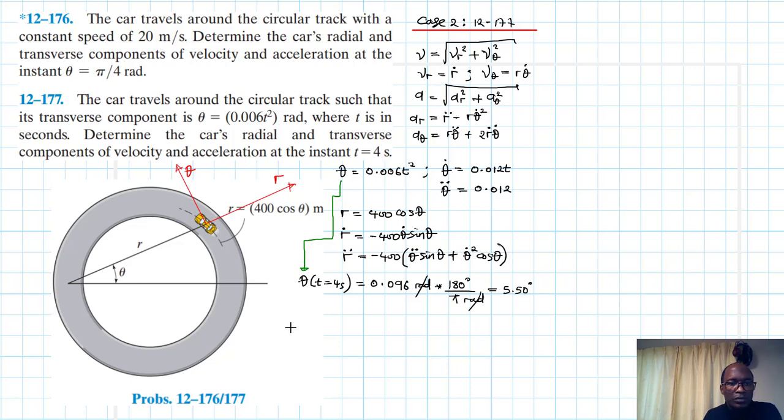With this, we are able to find theta dot, using this equation here.